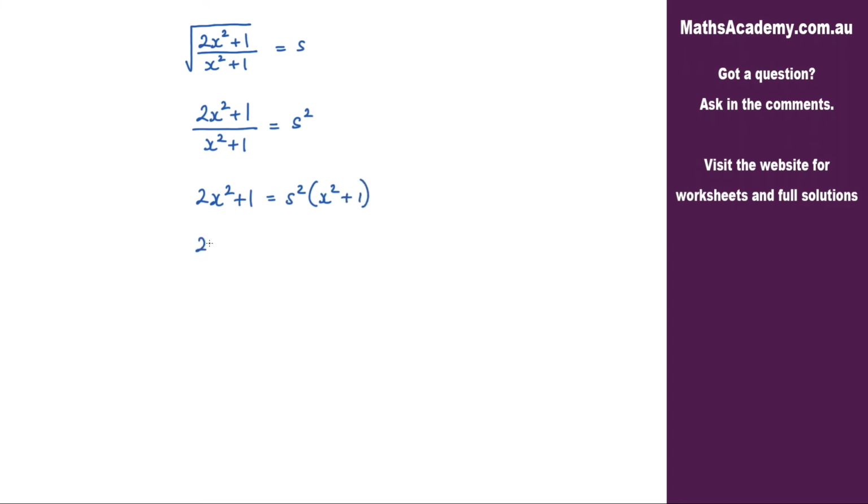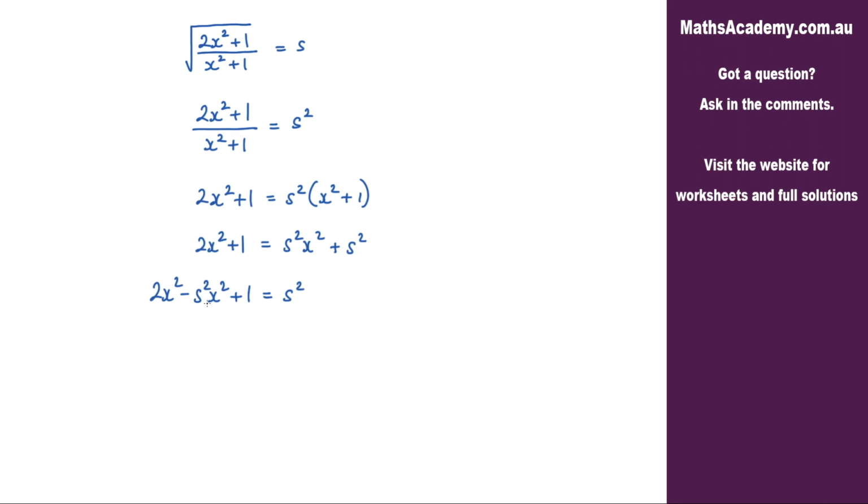We then go ahead and expand the brackets on that right hand side. So s squared x squared plus s squared. Then we can subtract the s squared x squared from both sides. So 2x squared minus s squared x squared plus the 1 is equal to s squared.